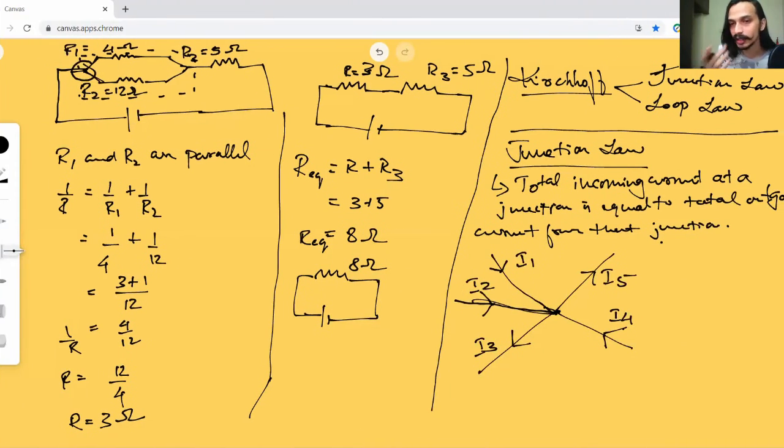Now you have 5 different currents at this junction. If I go by this law, what it says is total incoming current at the junction is equal to total outgoing current.